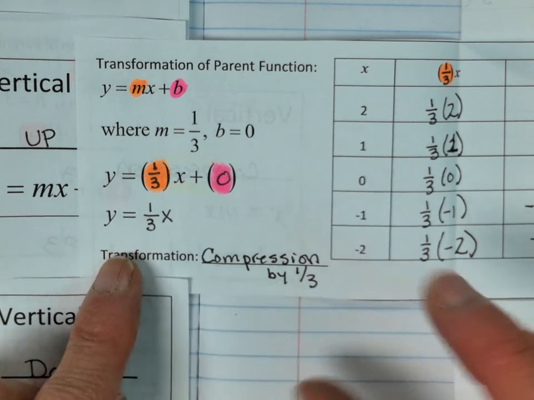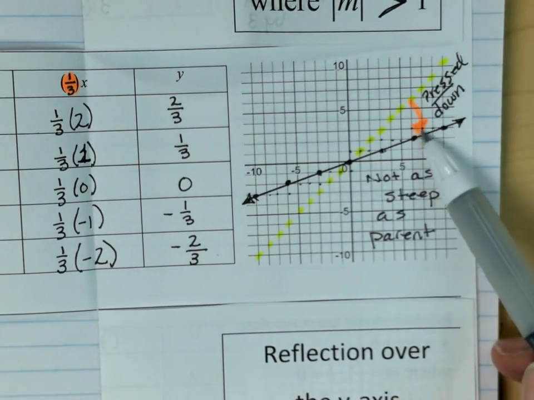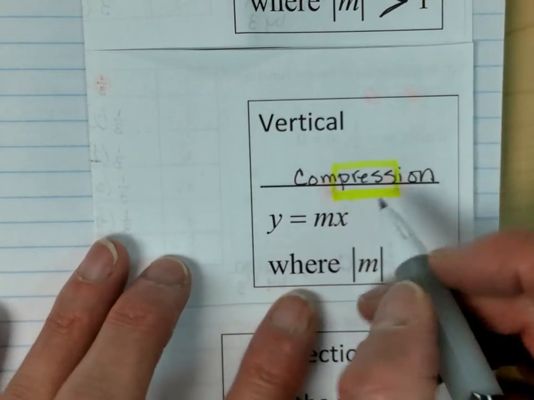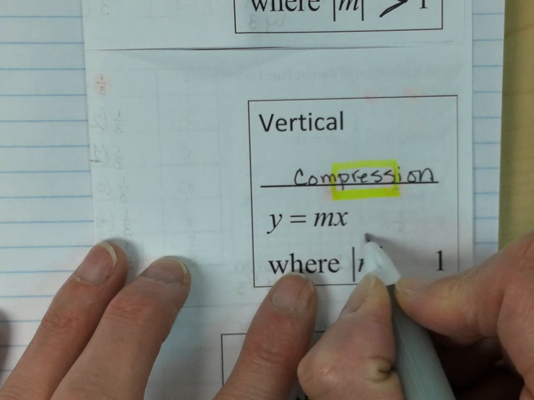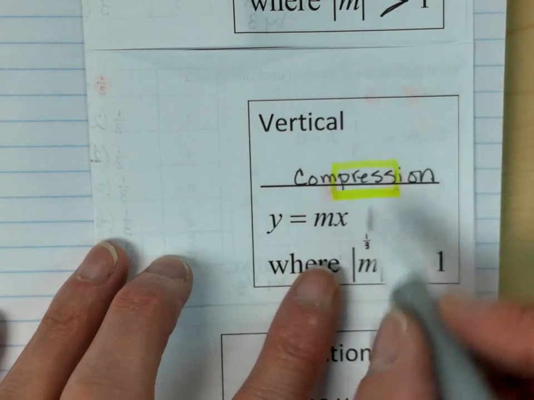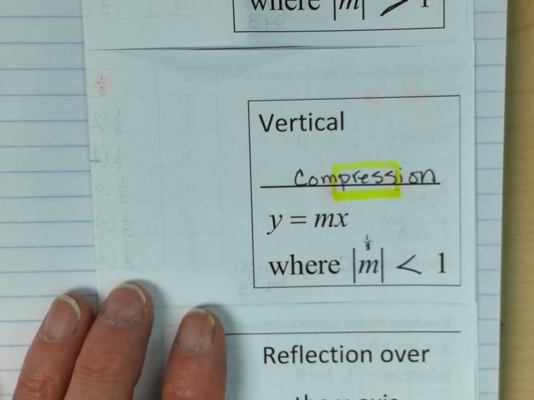Well, 1/3 is smaller than 1. That gave us a compression. That pushed our line down from the parent. So if we imagine this to be 1/3, it can be 1/2, 1/5. 1/3 is smaller than 1. So that gave us a compression.